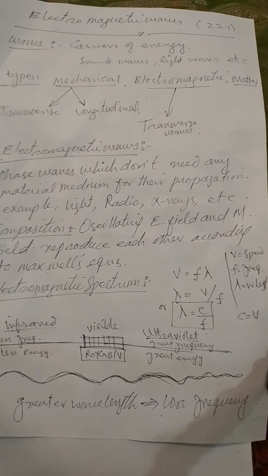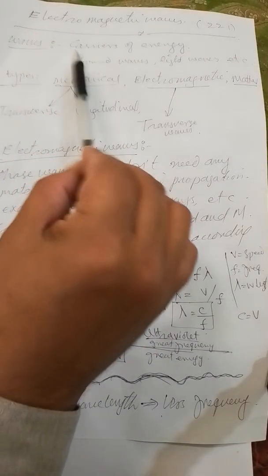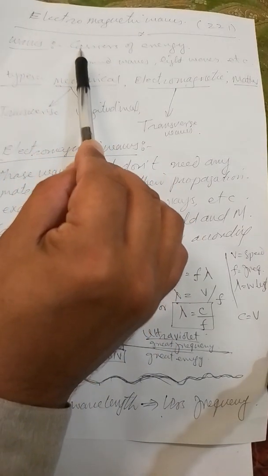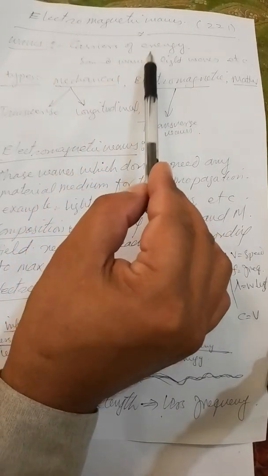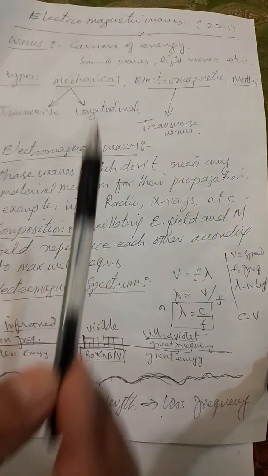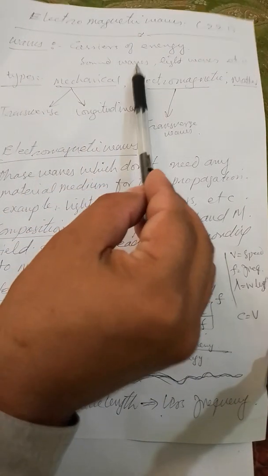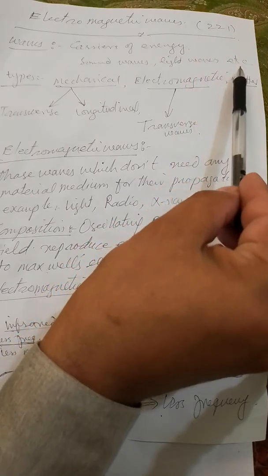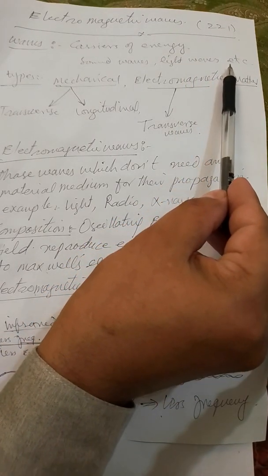What are waves? Waves are defined as the carriers of energy. Waves carry energy from one place to another place. For example, sound waves, light waves, and there are so many other examples of waves in life.